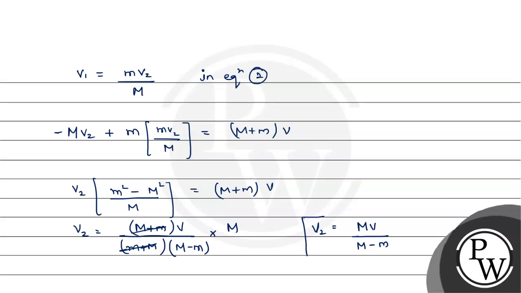So this is the initial velocity of buggy 2, and putting this in equation 1 we can find the velocity of buggy 1. Putting this in equation 1, what do we get?